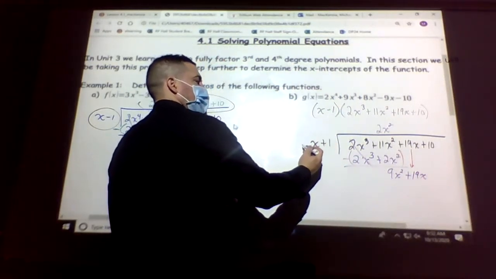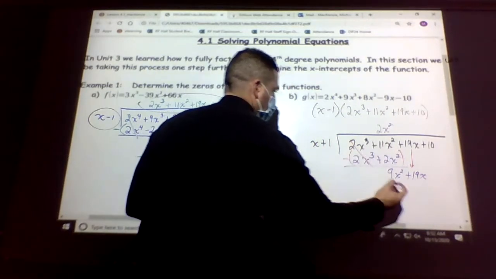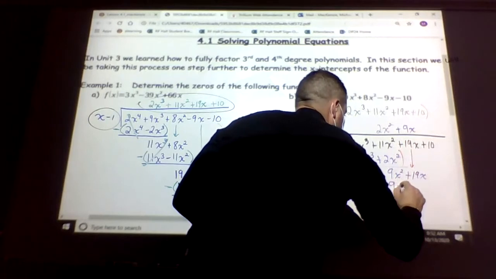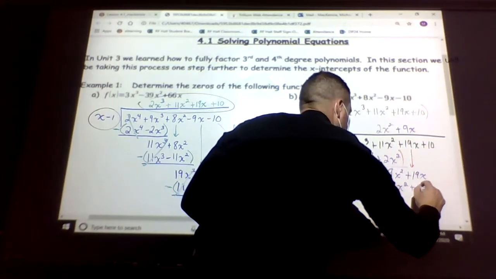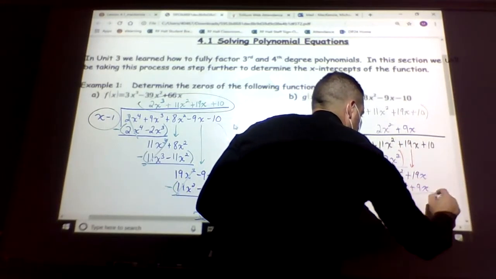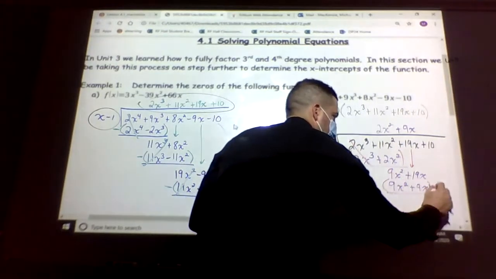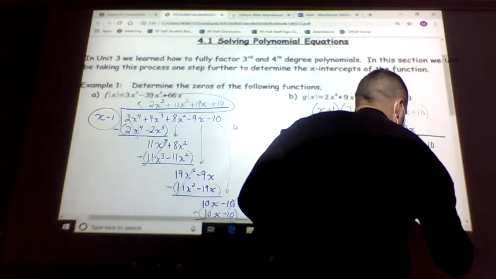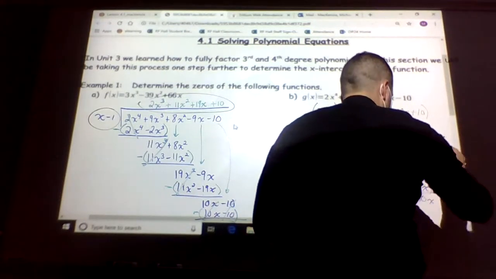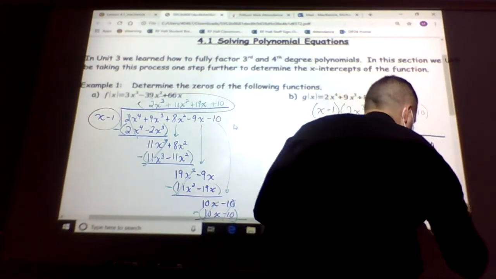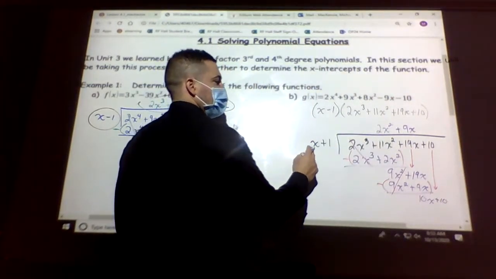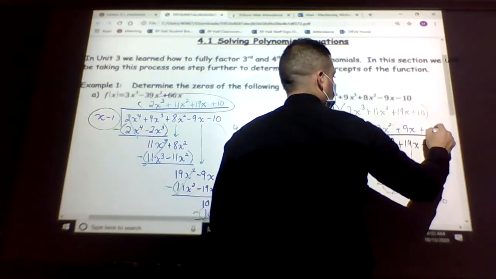Now what we multiply x by to get to 9x squared is 9x. Minus 9 is 10x. Bring down our 10. And lastly, we multiply x by 10 to get to 10x.